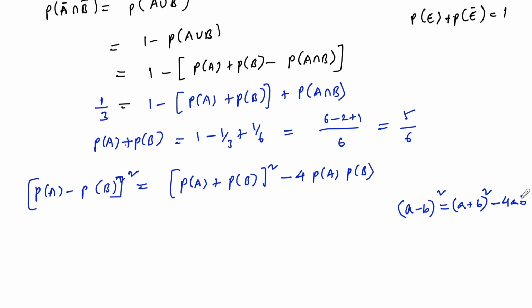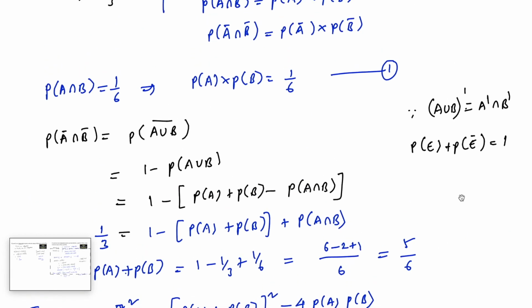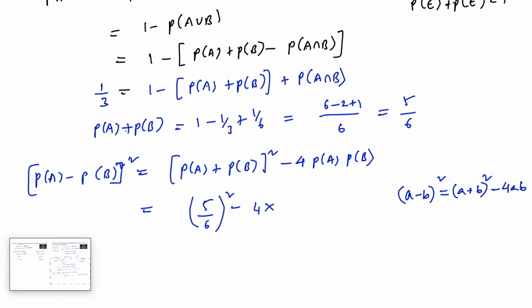So we can write here P of A plus P of B, that is 5 by 6 whole square, minus 4 times P of A into P of B, which is nothing but P of A intersection B, that is 1 upon 6.